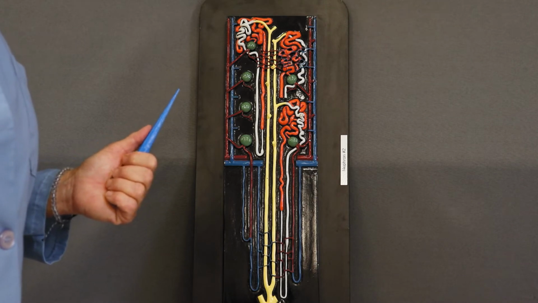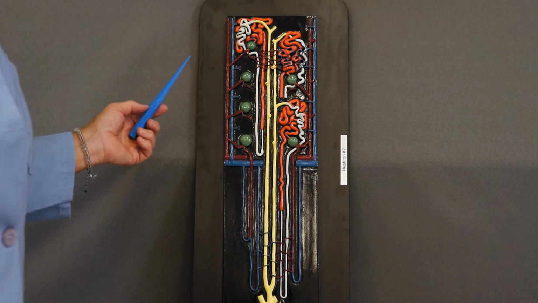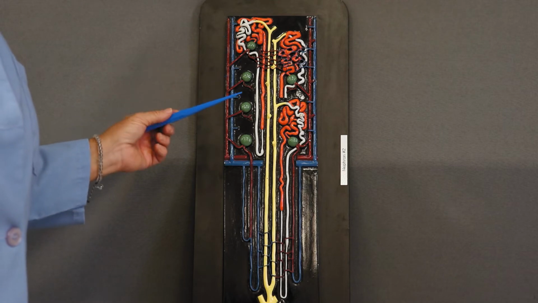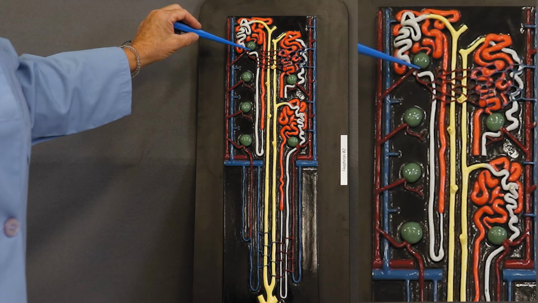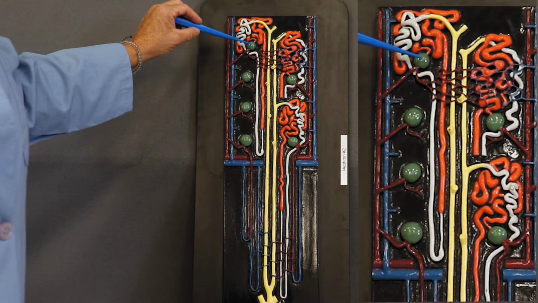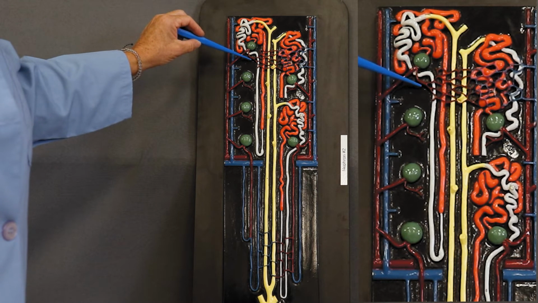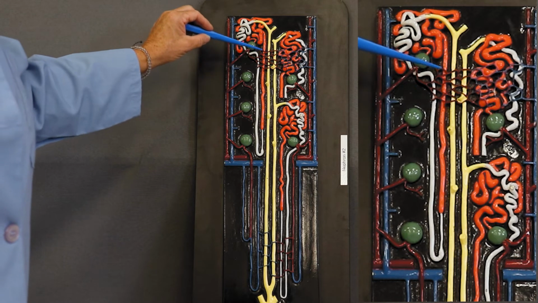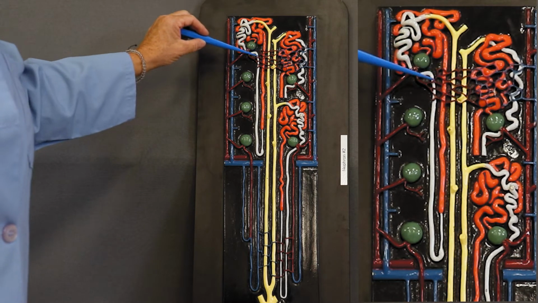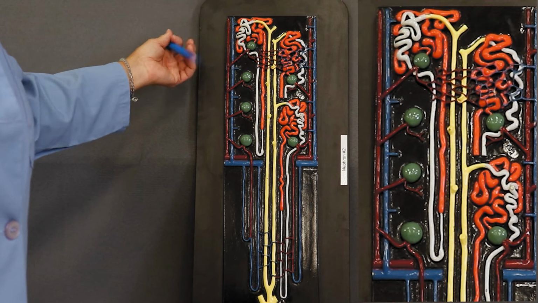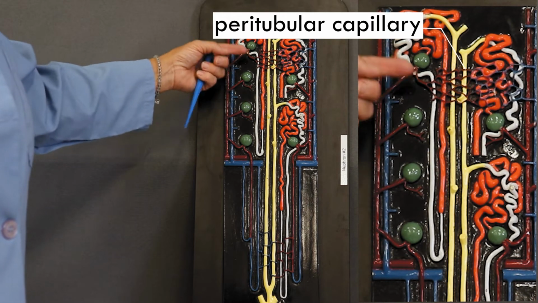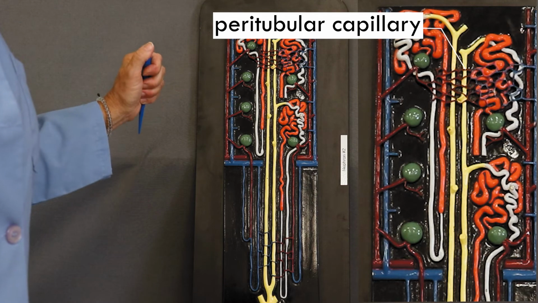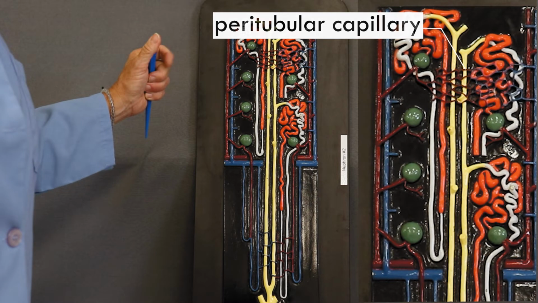So we call that a juxtamedullary nephron. So there's two systems of blood vessels that I want to point out here. The efferent arterioles that leave the glomerulus up here give rise to a system of capillaries that are only seen in these cortical nephrons. That system of capillaries is referred to as the peritubular capillaries.